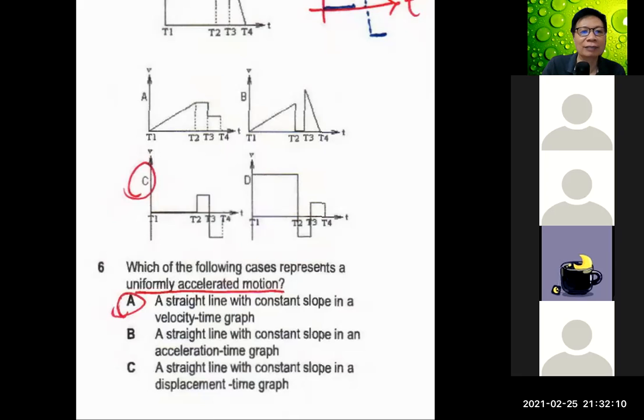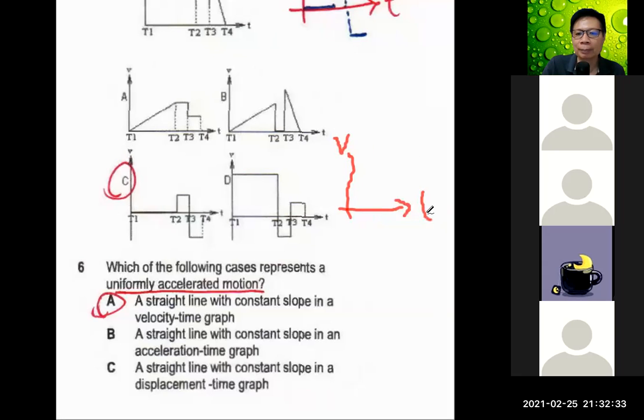Displacement time is a curve. Velocity time is a straight line with constant slope. Let me draw here. This one is velocity, this one is time.